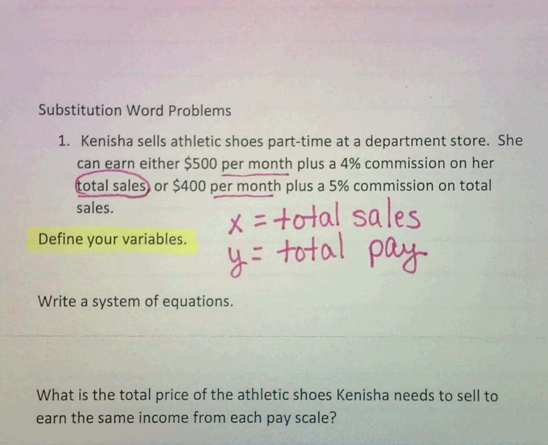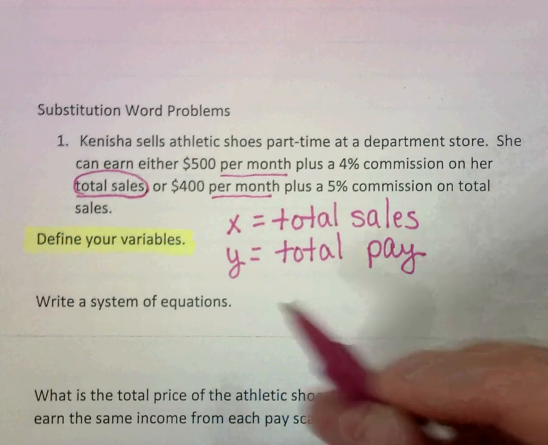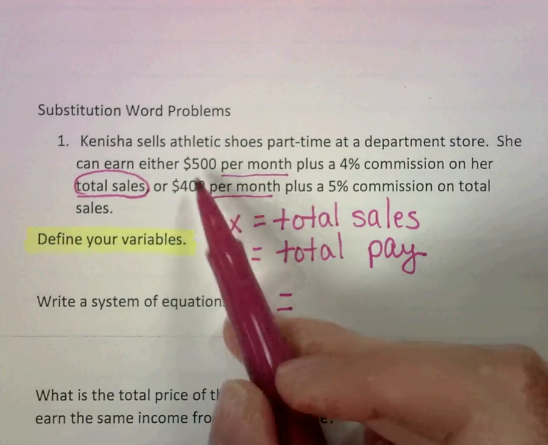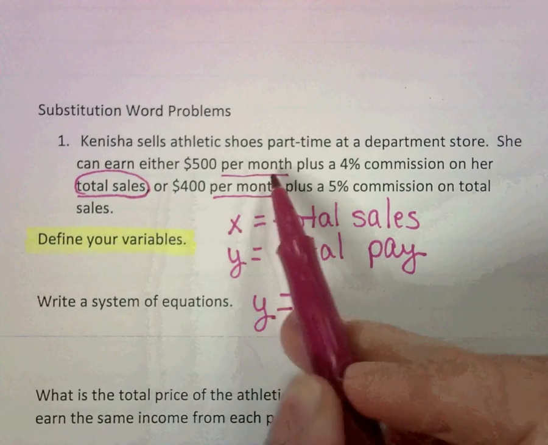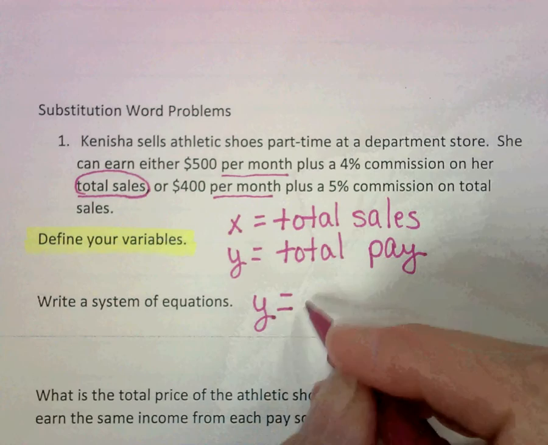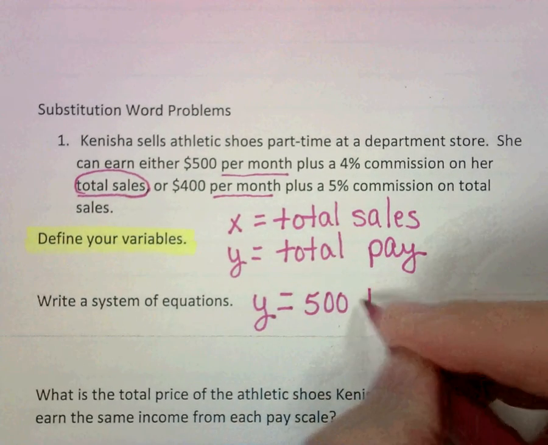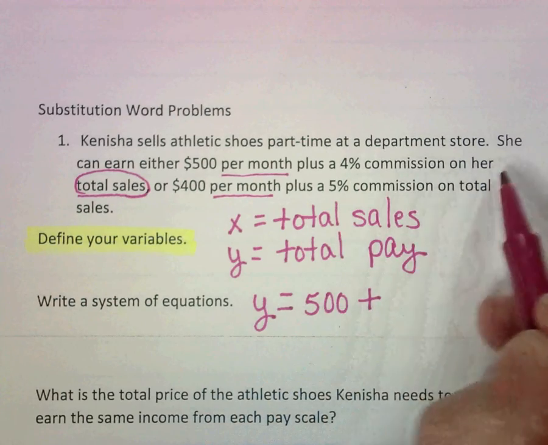Okay, so we have two different situations. Her total pay could be the $500, so like she earns $500 each month no matter what. It's kind of like a base salary, plus 4% commission on her total sales.